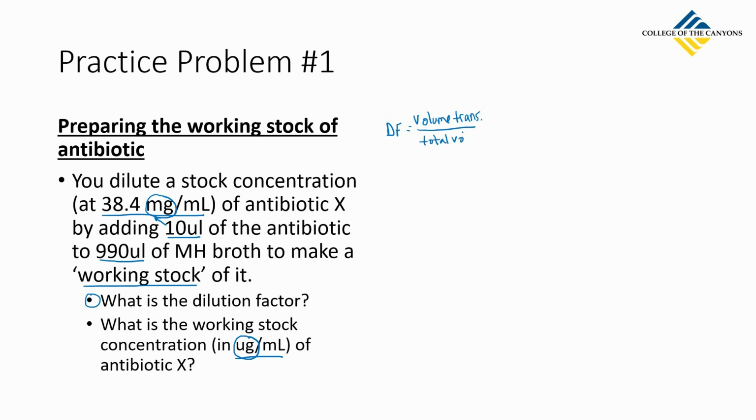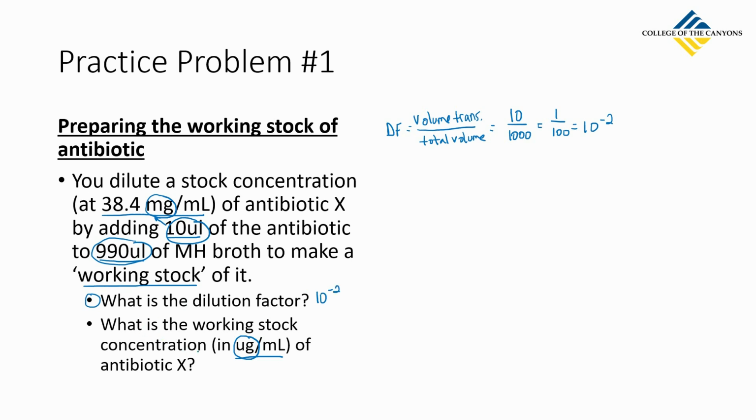And of course, total volume is the volume transferred plus the diluent volume. So the volume transferred is 10 microliters, and then 10 plus 990 is 1,000 microliters. That's the total volume. So this is a 1 over 100, or in scientific notation, a 10 to the minus 2 dilution factor. And so we figured out what the dilution factor is, 10 to the minus 2.